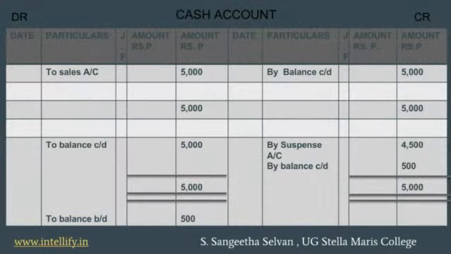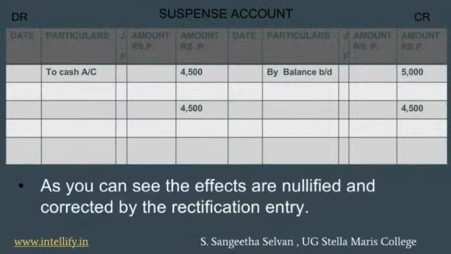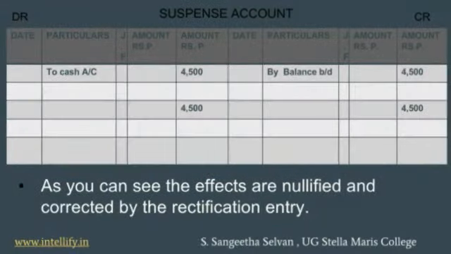Now the next thing is we have to remove the suspense account from the trial balance. So let us see the suspense account ledger. We have prepared the suspense account, and the suspense account had a credit side balance of 4,500.